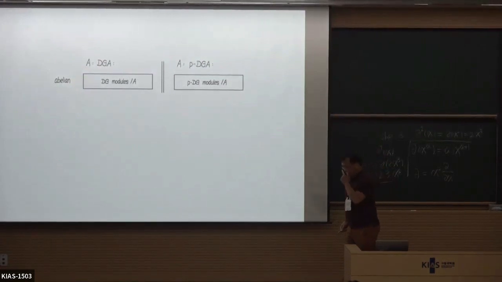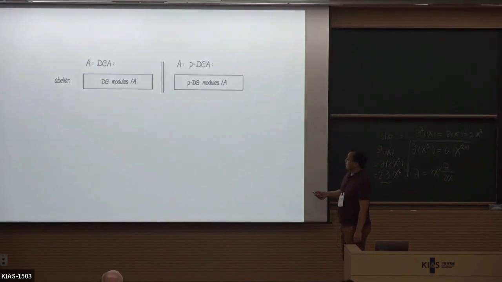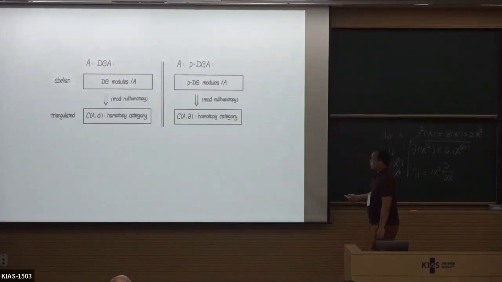All right. So let me draw some diagrams indicating the analogy between the usual differential graded algebras and this characteristic p analog. So starting with the dg algebra or PDG algebra, you can consider the abelian category of dg modules or PDG modules. And once you mod out null homotopy, you get a triangulated category, the homotopy category.